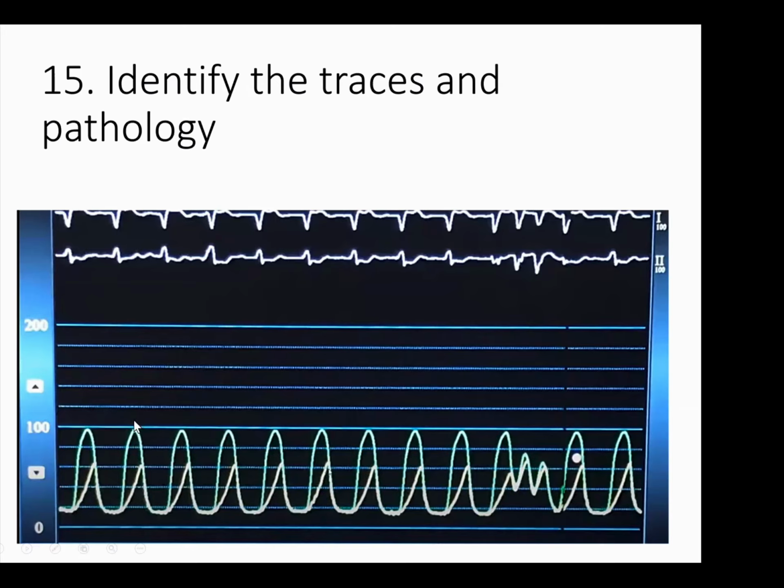Now you can clearly see this is peaking with the T wave. This is peaking after the T wave. So this is the atrial pressure trace. And this is the prominent V wave of the LA pressure, and this is because of the severe mitral regurgitation.